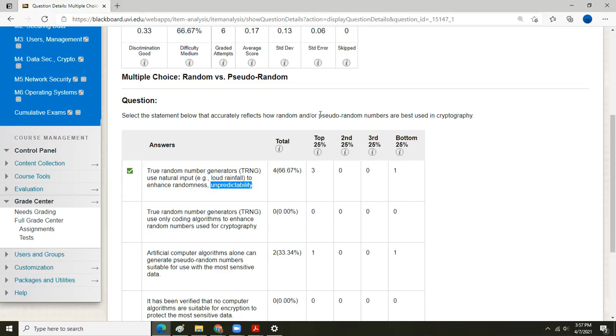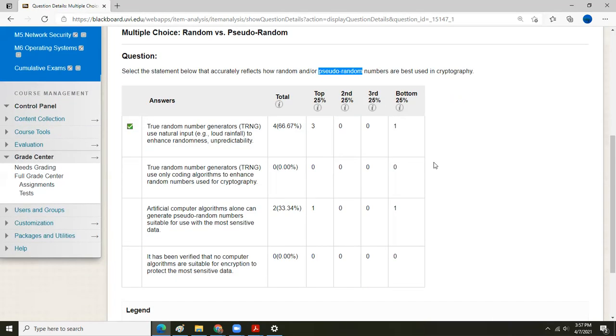In recent times, computer scientists have figured out how to inject noise or random inputs. So what they'll do is they'll collect loud rainfall, or crashing waves at the beach, or a rattling fan. You have a fan that's blowing and it's clankety clank, and there's a loose washer, and it doesn't rattle the same every second.